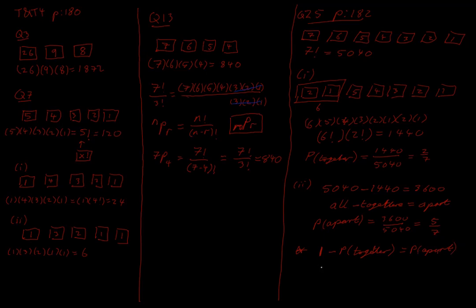Let's check if that works out. 1 minus 2/7 is equal to 5/7, and we can see that that is true. This is going to be extremely important as we move forward. The probability of something happening is 1 minus the probability of it not happening. So 1 minus the probability the twins are together is equal to the probability of the twins being apart. You can see the underlying reason for that when we're working out our number of possible outcomes.